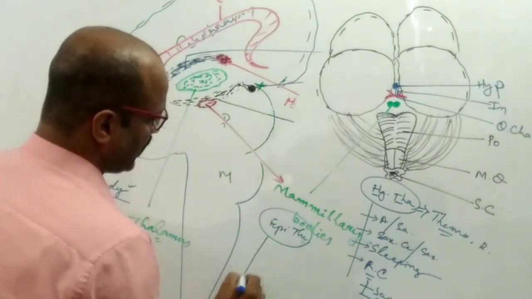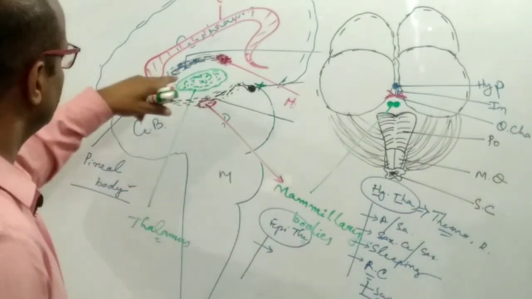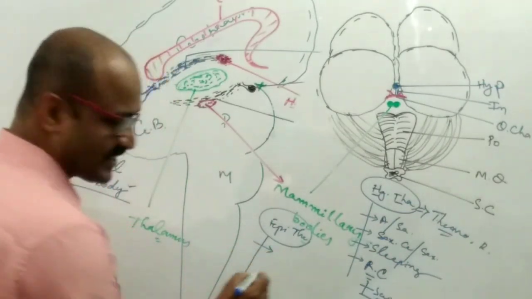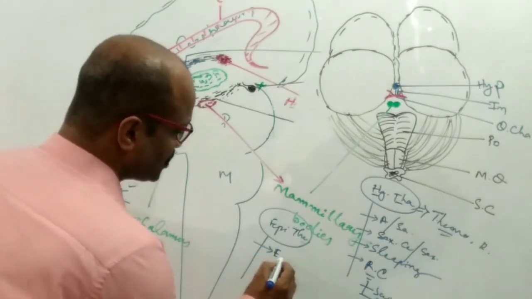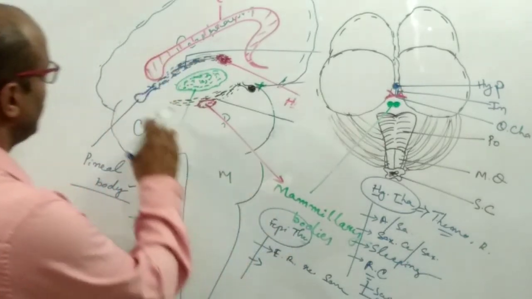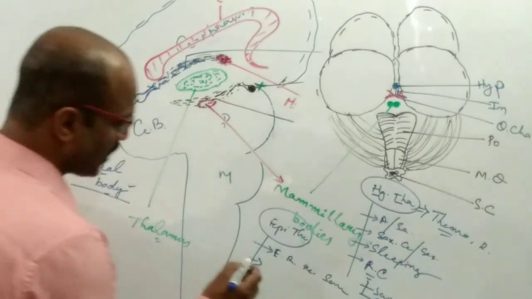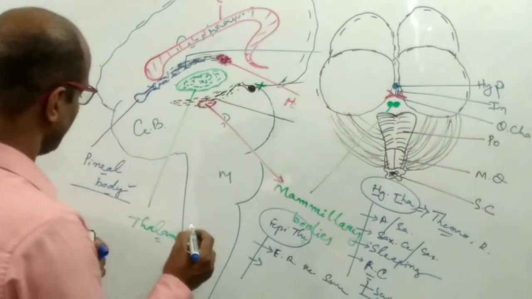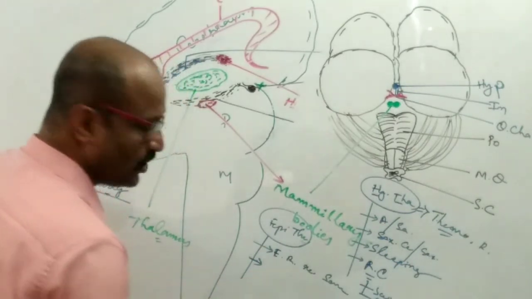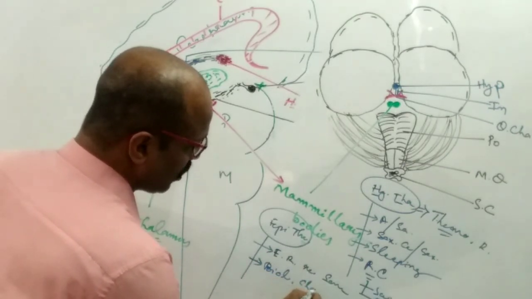Epithalamus: the habenular nuclei, present in the anterior region of the epithalamus, regulate the emotional reflexes related to smell. The epithalamus also contains the pineal body, which secretes melatonin. Melatonin regulates the day and night biological behavior, the biological clock of the body.